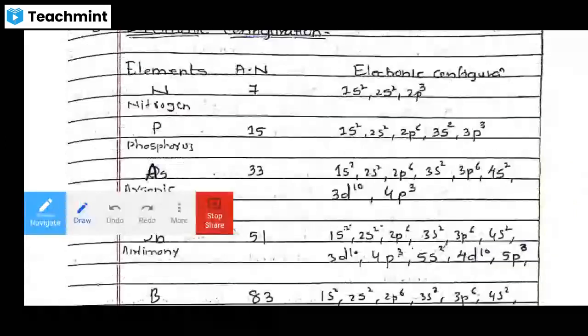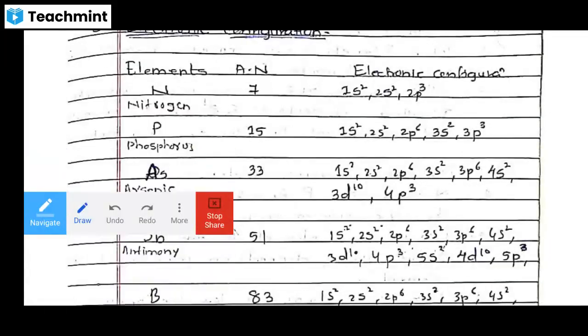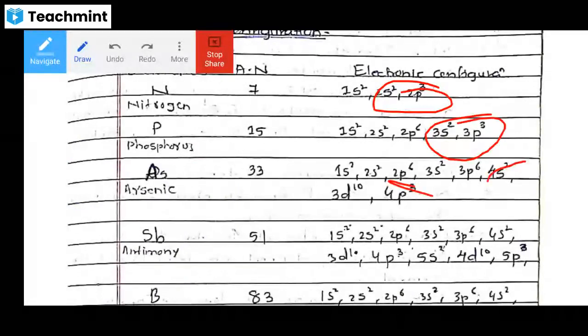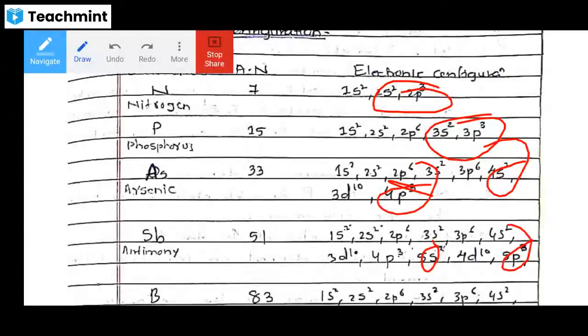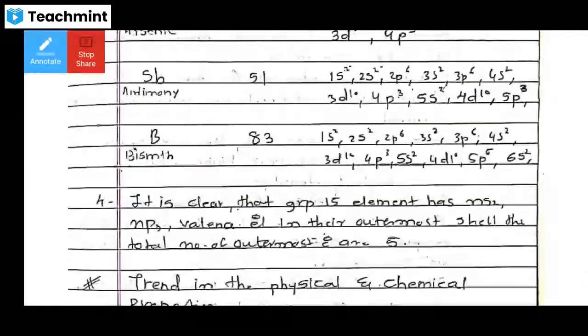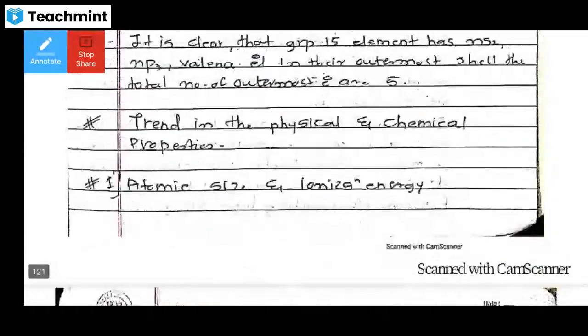In this way the electronic configuration of the nitrogen family shows similarity: they are in the same group with s2 and p3 electronic configuration at the outermost shell. Bismuth also has s2 and p3, so it is clear that the group elements have ns2 and np3 valence electrons in their outermost shell, and the total number of outermost electrons is 5.